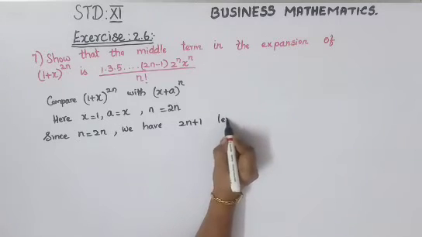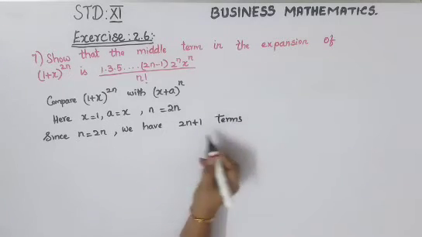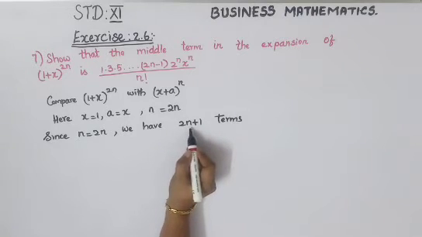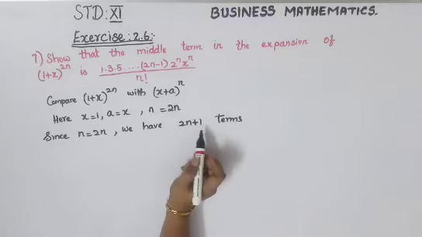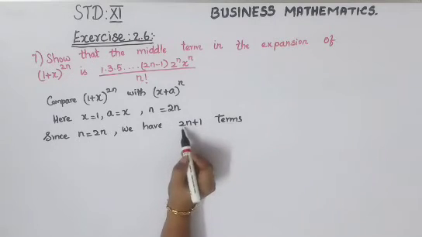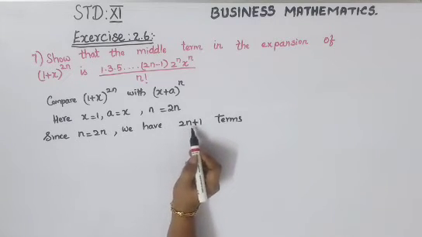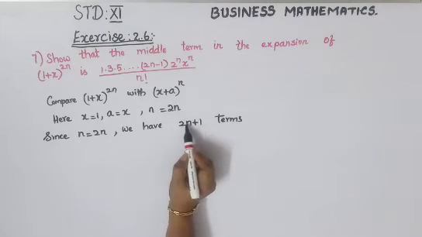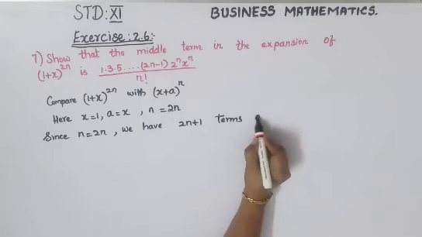Okay, so 2n plus 1 terms will be there. 2n will be normally even. Okay, if you want to, you can put your numbers. 2 into 1 will become 2, so even number. Again 2 into 2 will become 4, again an even number. So when 2n is there, that is an even number. When adding 1 with that, it will become an odd number.